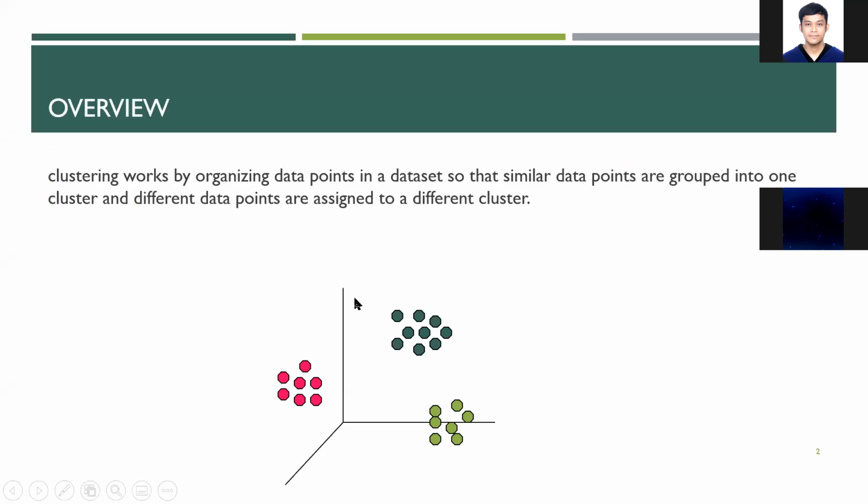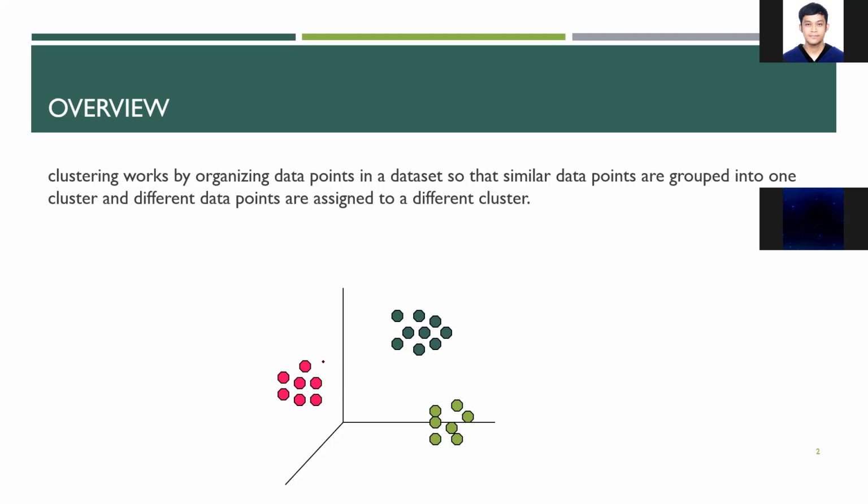Basically, clustering works by organizing data points in a data set. Similar data will be grouped in one cluster, but different data points are assigned to different clusters.